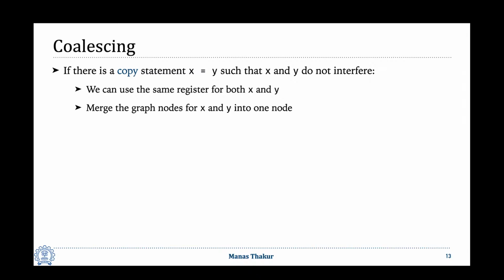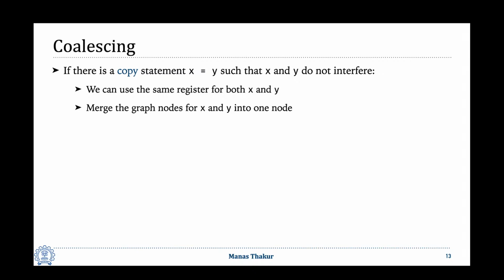See, I had a equals b, and let's say I decided to allocate r1 to a as well as to b. Now when I do instruction selection, what instruction would I generate? After register allocation, this is this.